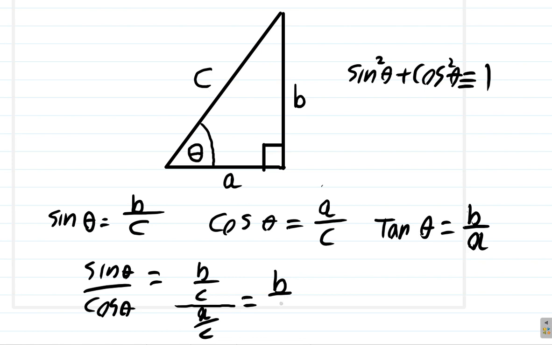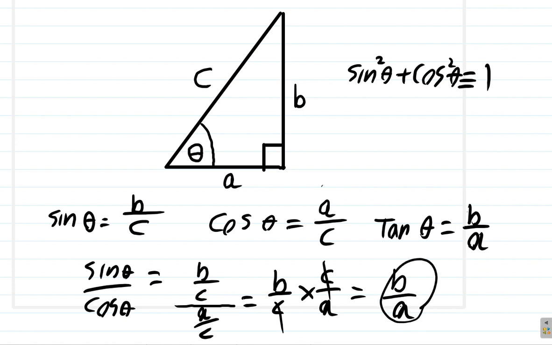It is the fraction B over C multiplied by the reciprocal of the fraction in the denominator. The reciprocal of A over C is C over A. See that? What does that give us? C cancels C. So what you have is B divided by A. But hold on. B divided by A. This is it. And this is the same as tan theta. So it is equal to the tangent of theta.